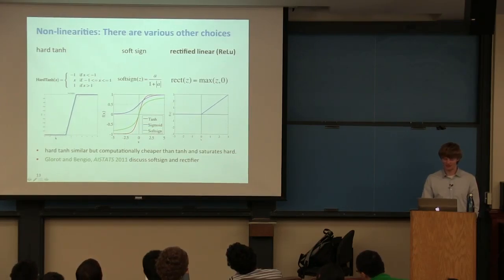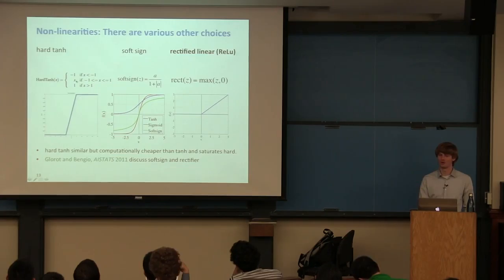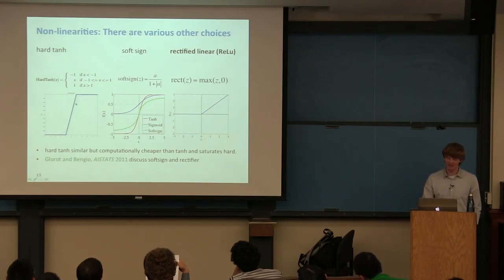The gradient will just be 0 no matter what the input is, as long as the input is larger than 1 here. So this one is very, very efficient, right? You basically just have to return x or clip x. So it's a pretty efficient way of doing it, but it doesn't have the nicest properties.